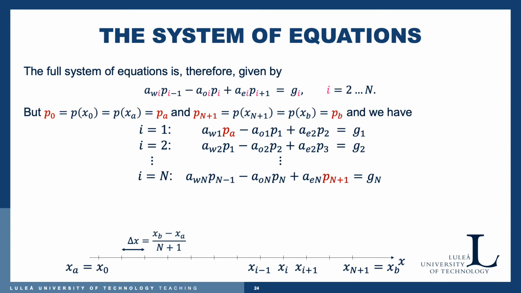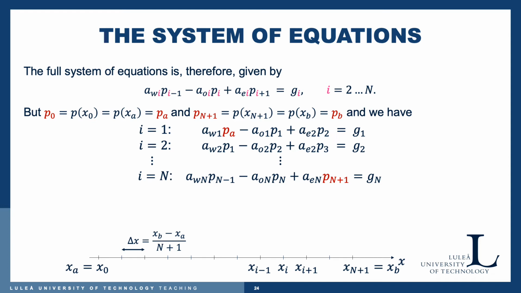However, we have to notice that in the first equation we have a boundary condition, which is a known pressure, and we cannot solve the system of equations for something which is already known. So this has to be moved into the right hand side, and the same goes for the last equation, the one for i equal n.